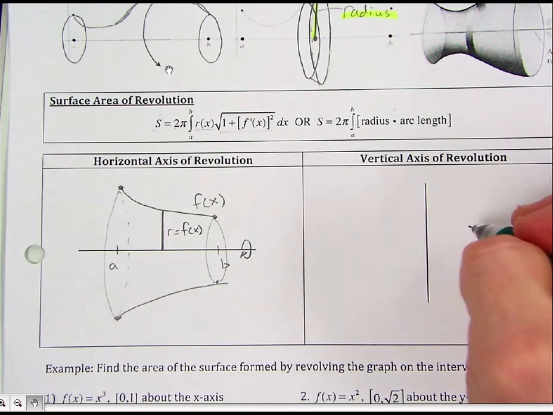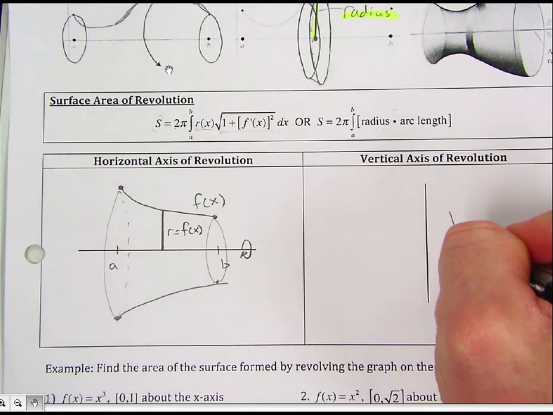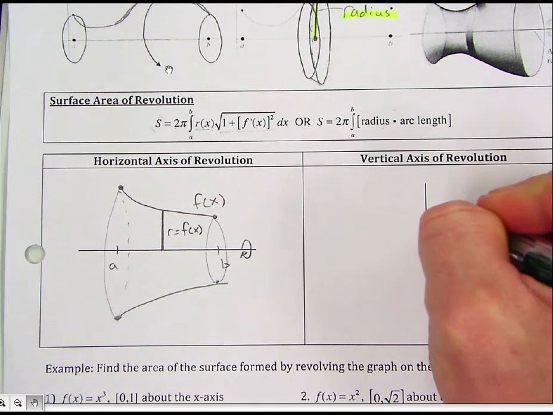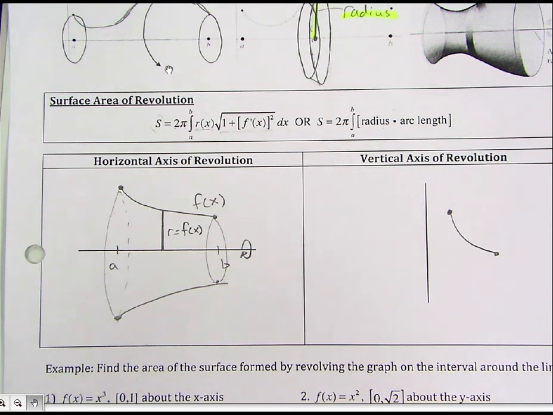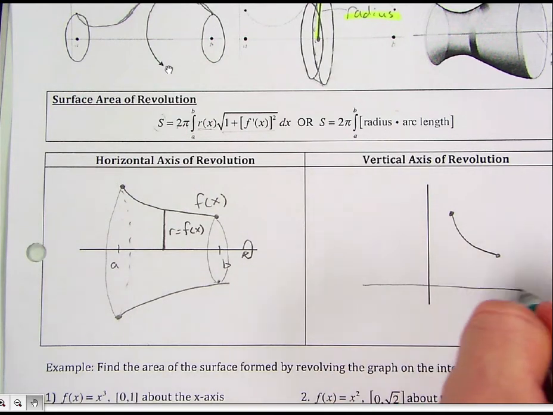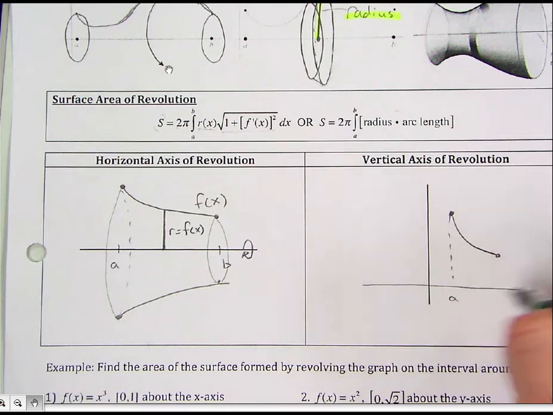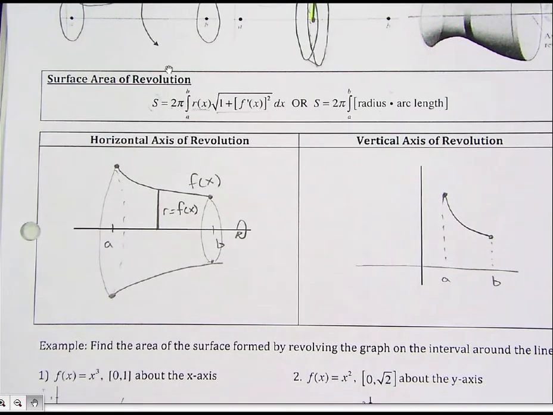Now if we go around a vertical axis, it's kind of weird because we're still going to take from a to b. It's a little bit different than what we've been dealing with.